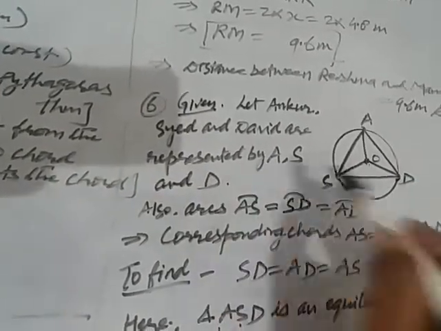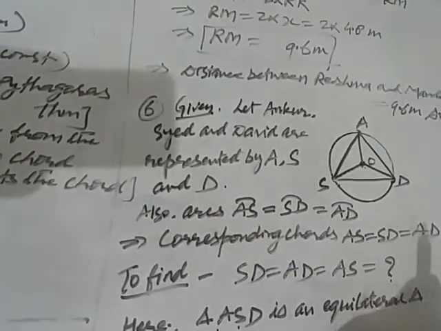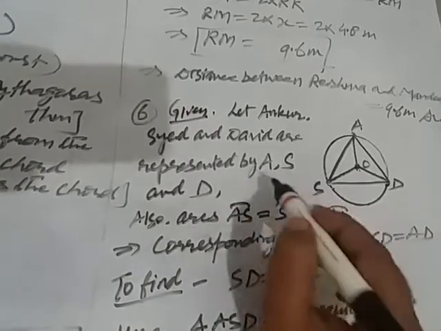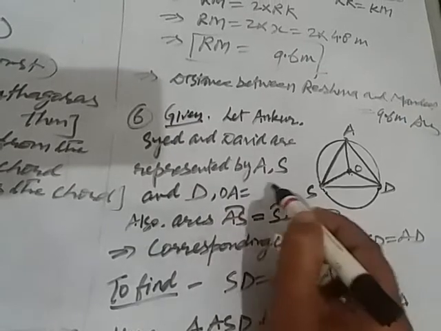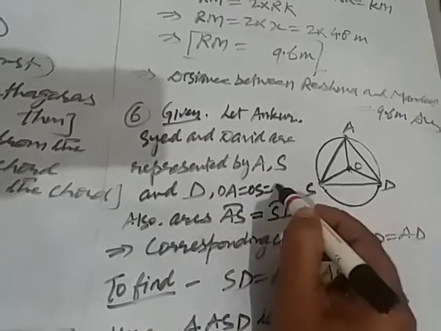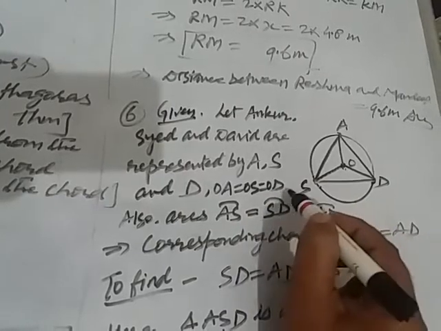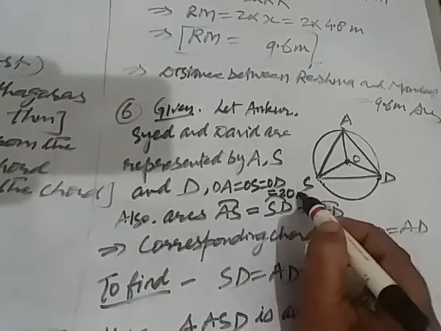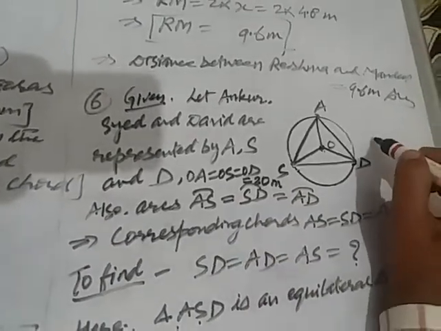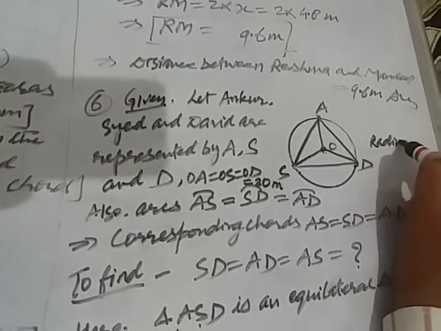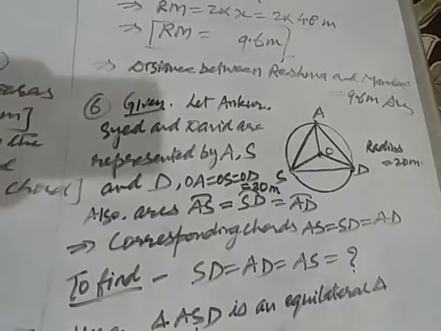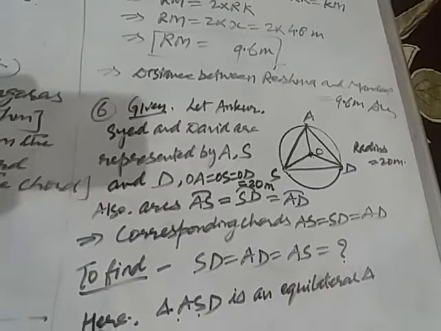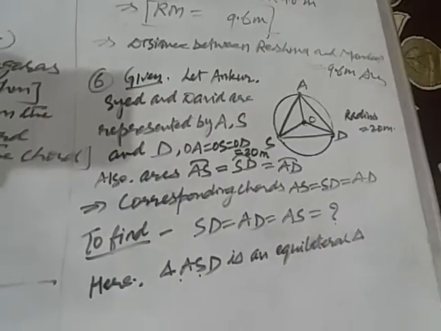In the given portion you can write down OA equal to OS equal to OD equal to 20 meter, means radius is 20 meter. Clear children? Now let us start the concept.